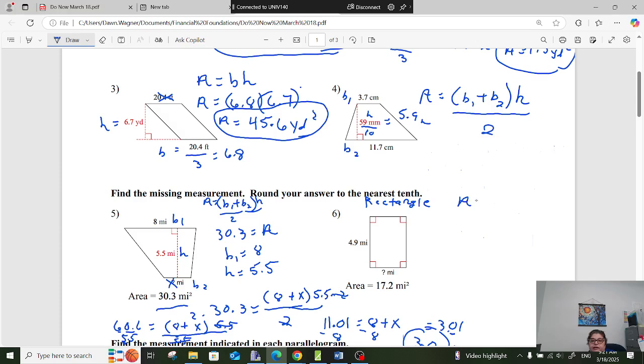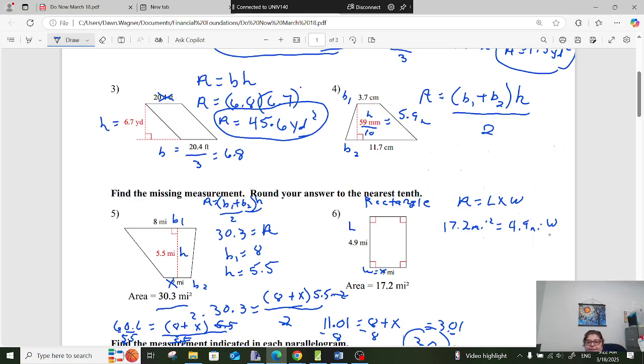Rectangle area is equal to length times width. I'm going to call my x the width and this the length. So I have area 17.2 miles squared is equal to area, and I'm substituting 4.9. I'm only showing all the units this time because Miss Connie needs me to do that for ICP.